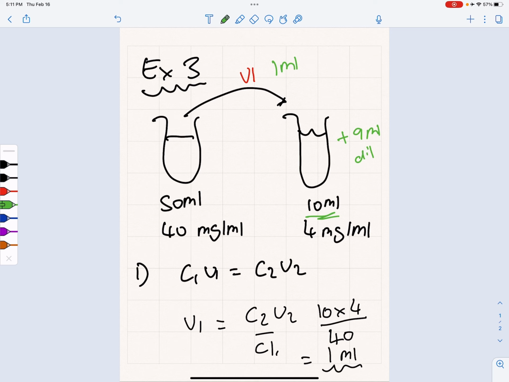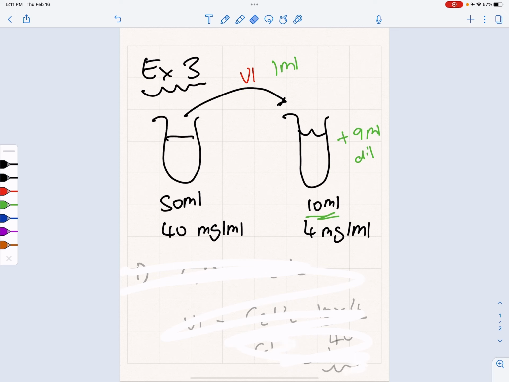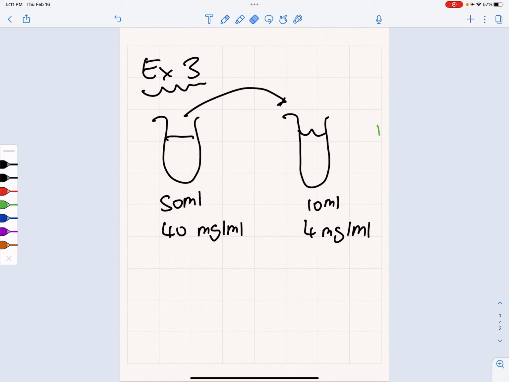So let me do an example now of the same thing, but in a second way. Let me get rid of this. One way is we can figure out what mass we actually want. We know this has a final mass. To work out the final mass, it's mass equals concentration times volume.